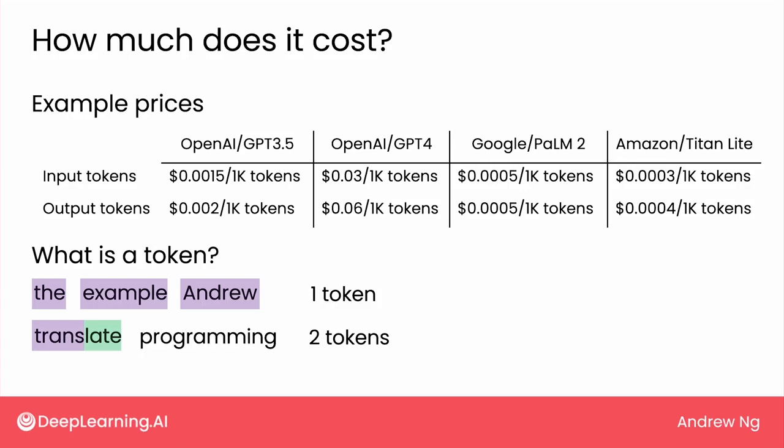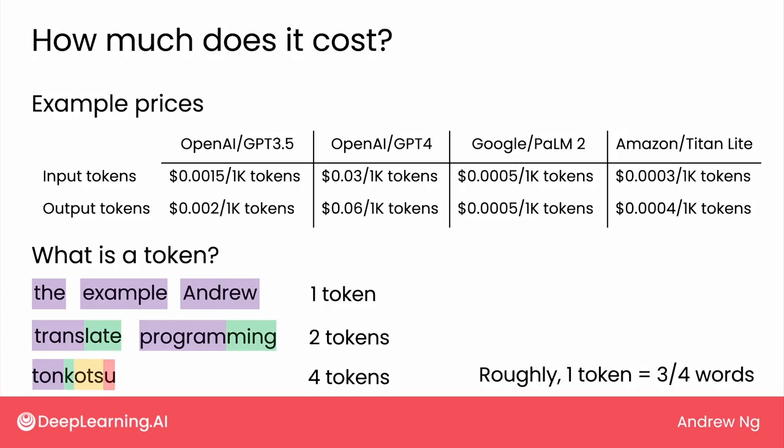Or programming, turns out, might be split by LM into program and Ming, and also costs two tokens. And a less frequent word like tonkotsu might be split into four tokens with ton and k and OTS and U. But averaged over large collections of text documents, roughly each token is about 3/4 of a word. So if you were to generate 300 words, that would cost you about 400 tokens.